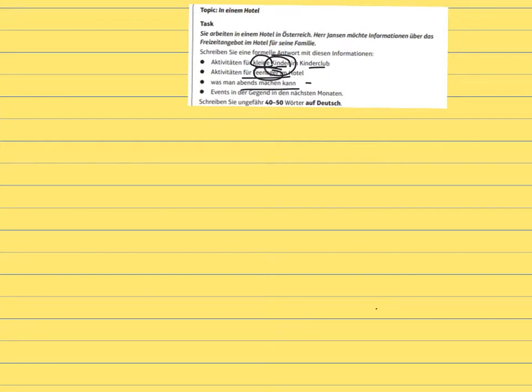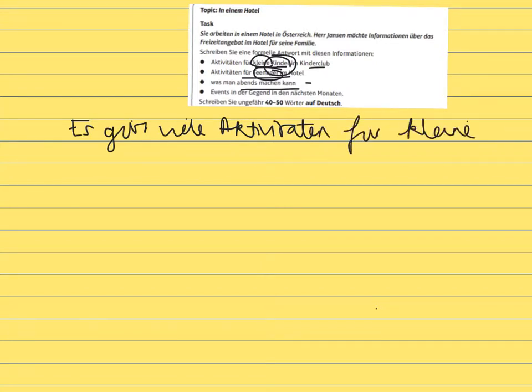Okay. Right, well, I'm going to start off by saying there are lots of activities for young children. Es gibt viele Aktivitäten für junge Kinder, or kleine Kinder, it said there, didn't it? Für kleine Kinder. And then I'm going to say, for example, there is, gibt es, zum Beispiel, gibt es, there is a play area.